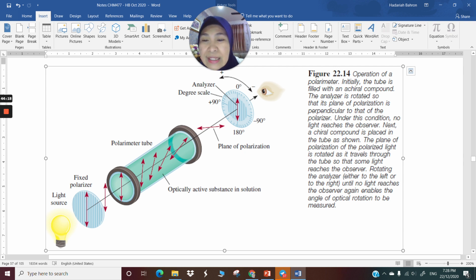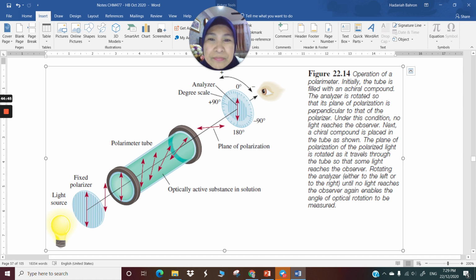So you can see that this optically active substance in the solution is rotating the light. It enters the solution at a vertical position, goes through the solution being rotated, and exits the solution being horizontal, for example. So there is rotation happening.